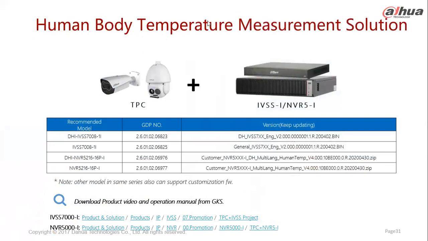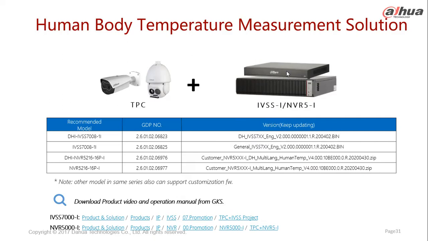For the thermal solution, we talked about thermal in our last session. If you have a thermal body temperature solution, you need a thermal camera with IVSS or an AI NVR. So both of them need to support AI. And also we do version control, where you have a specified version that will be able to do that specified project.